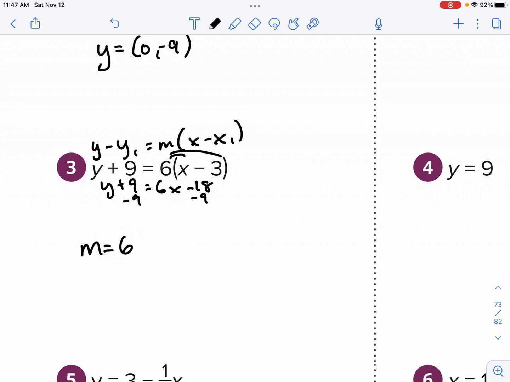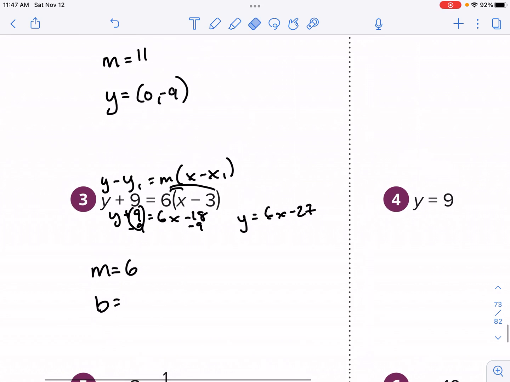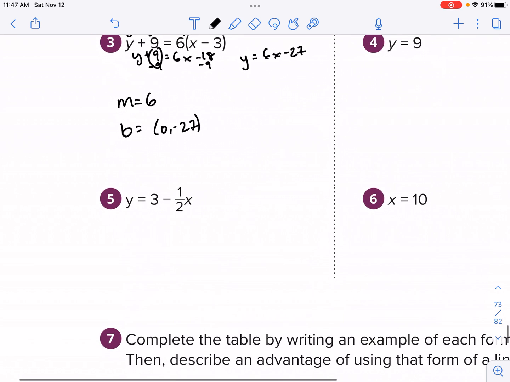So this in slope-intercept form would be y equal to 6x minus 27, right? -18 minus 9. So the y-intercept, actually we should put b. I should have put b right here. Sorry about that. That's 0, -27.